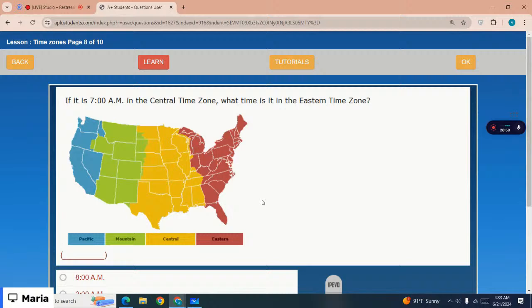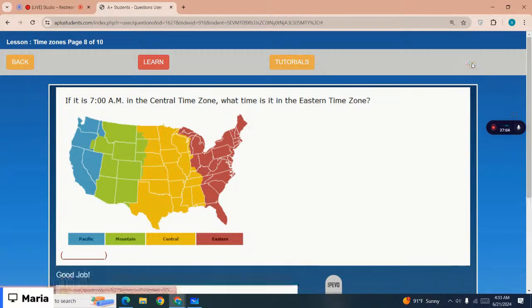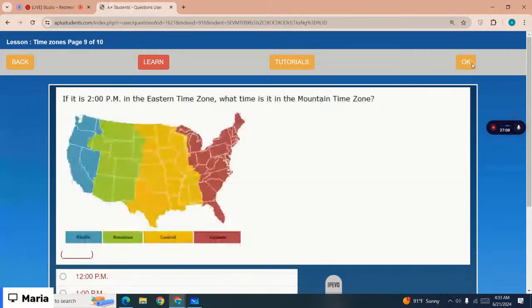Yes, the correct option is 8. Okay, you can complete the lesson. Okay, if we are left with just two, let's just complete. If it is 2 p.m. in the eastern time zone, what time is it in the mountain zone?